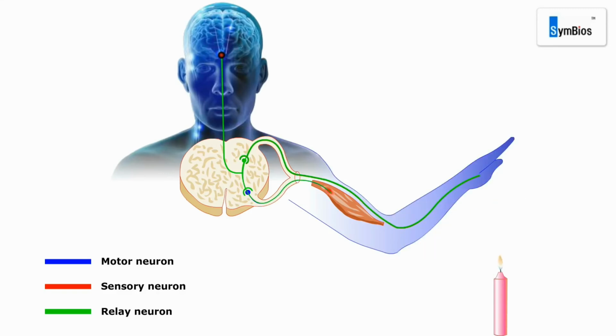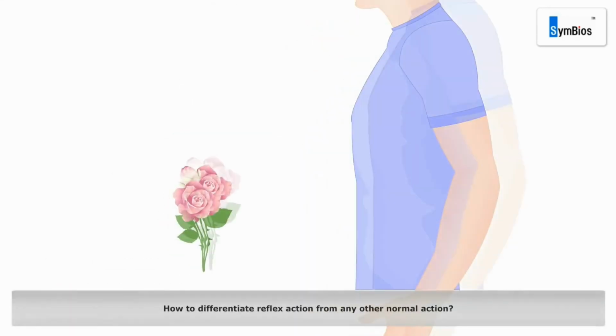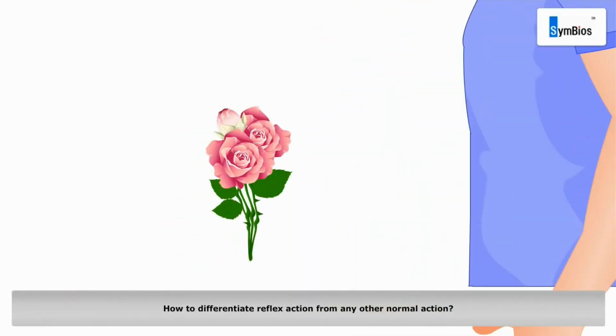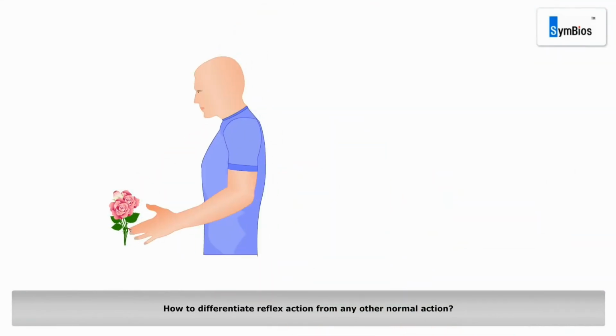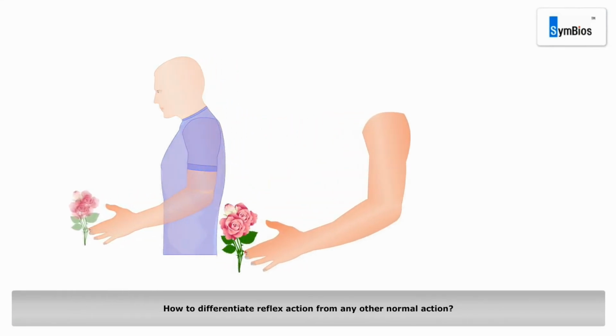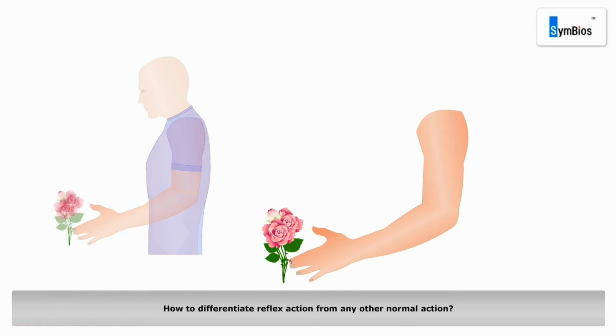This path followed by an impulse in a reflex action is called reflex arc. Impulses flow only in a single direction in a reflex arc. Now, let us see how the reflex action is different from any other normal action. The spinal cord is the medium by which motor and sensory impressions are conducted to and from the brain.